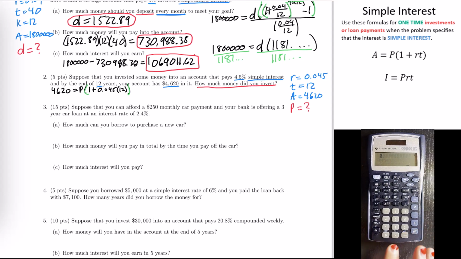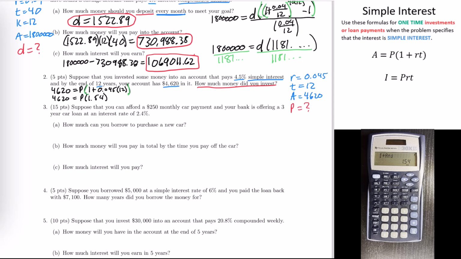And to simplify that, I'll multiply my interest rate by 12, because multiplication comes before addition. And then I'm going to do 1 plus my answer. That gives me that number. And basically what I've got so far is 4,620 equals P times this 1.54.